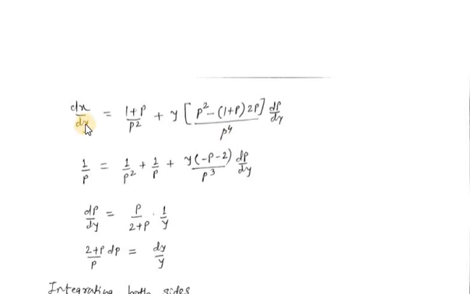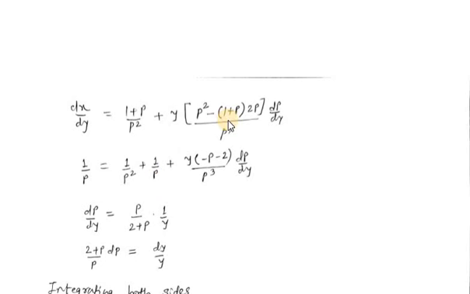And we know that dy by dx is p, so we have dx by dy equals to 1 over p. Now dividing (1 plus p) over p square by p square, so we have 1 over p square plus p over p square, so the result is 1 over p.